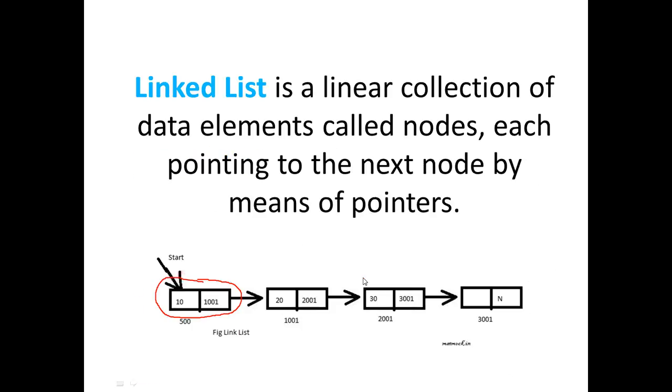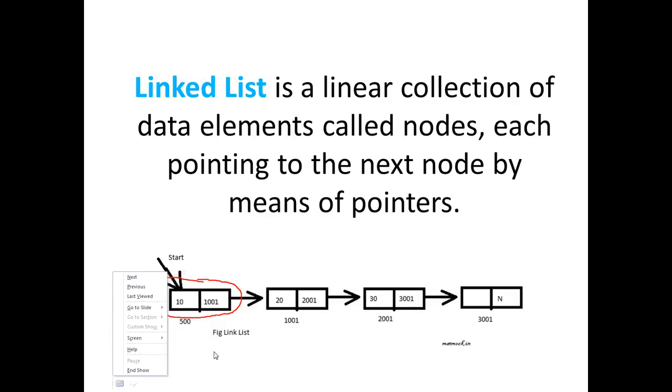So what is a linked list? A linked list is a linear collection of data elements called nodes, each pointing to the next node by means of pointers. A pointer is a variable which stores the address of another variable. The same is the case here.